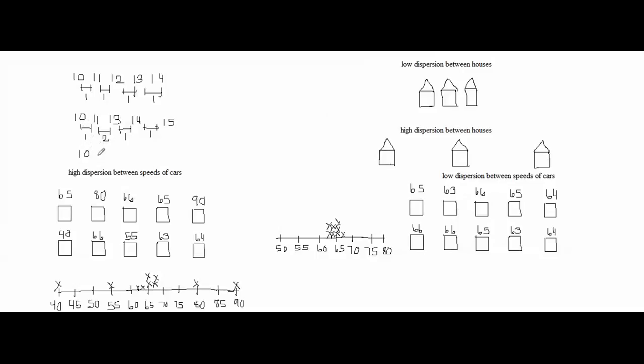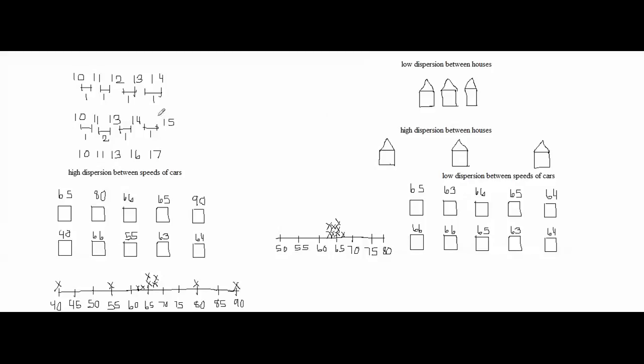So these two numbers will still be 1 apart. We're saying that these two numbers will still be 2 apart. But now, these two numbers will be 3 apart, so now it'll go from 13 to 16. And let's say that these last two numbers are still 1 apart, so it'll go from 16 to 17.